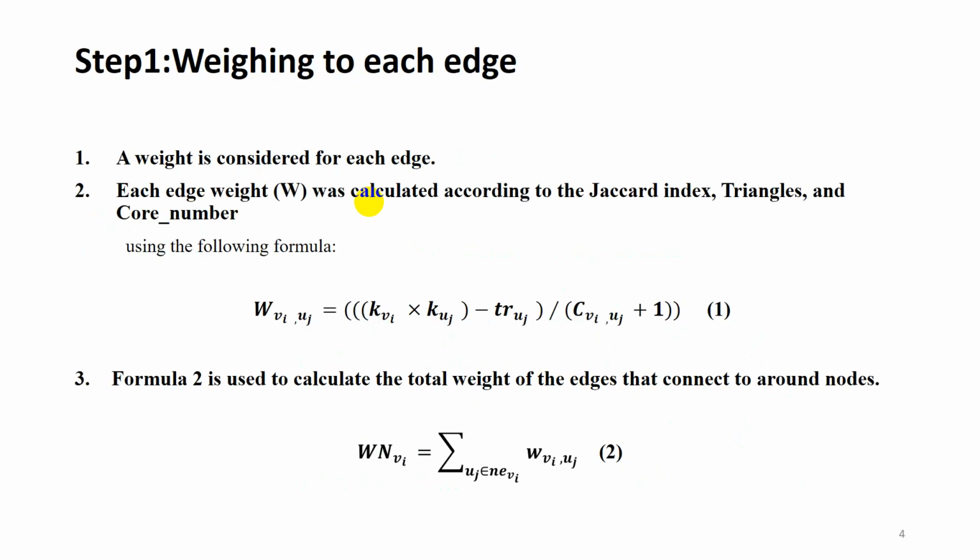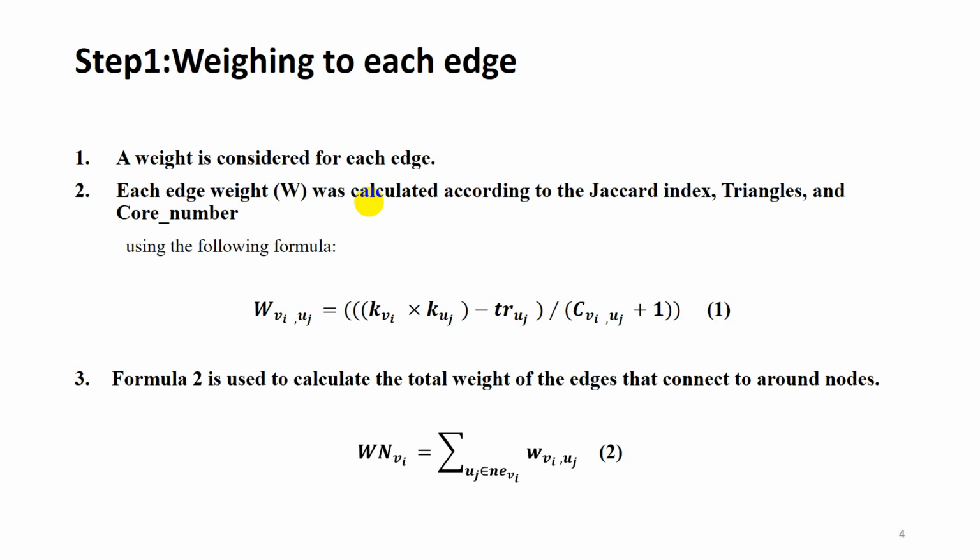Step 1. Weighting each edge. In this section, each edge weight W was calculated according to the Jaccard index in triangles and core number, and its relationship with the set as follows.